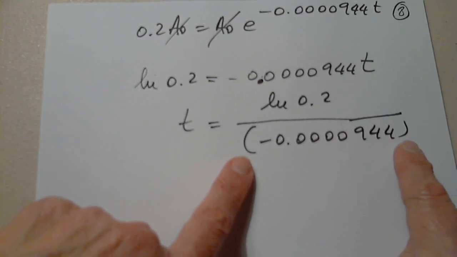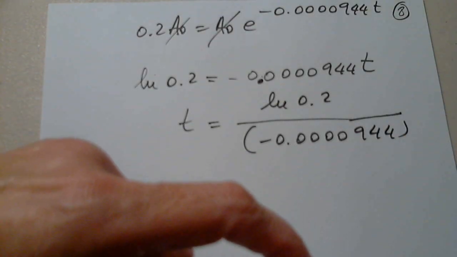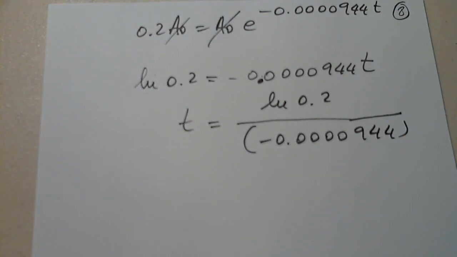You have to put the parentheses in the calculator, although I proved myself wrong last time; the calculator works even without. It should not, but it does. So natural log of 0.2 divided by negative point... I'm going to ask the calculator to use the whole thing for the best approximation possible.